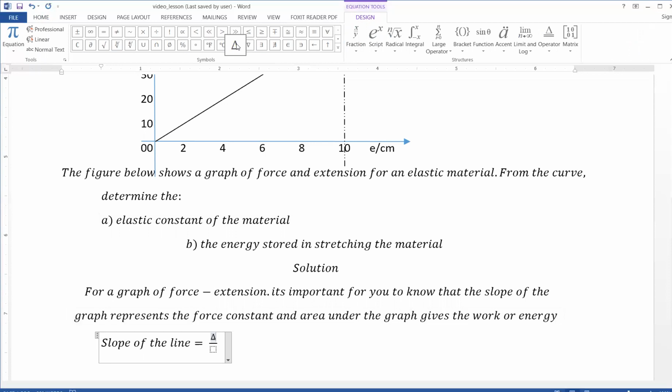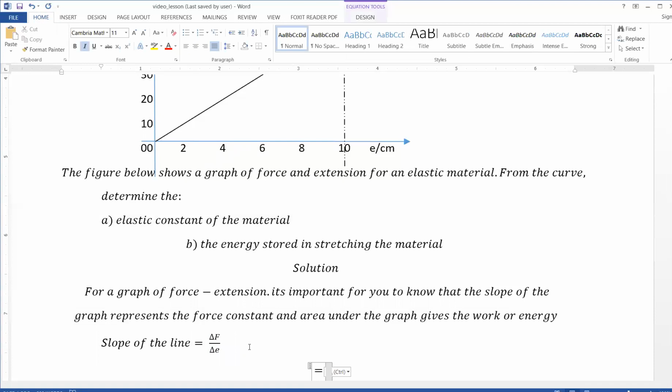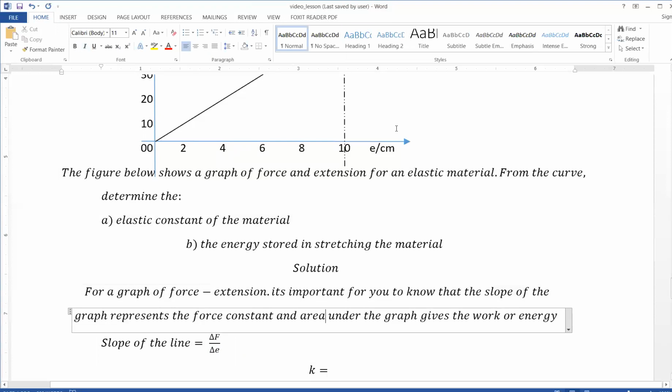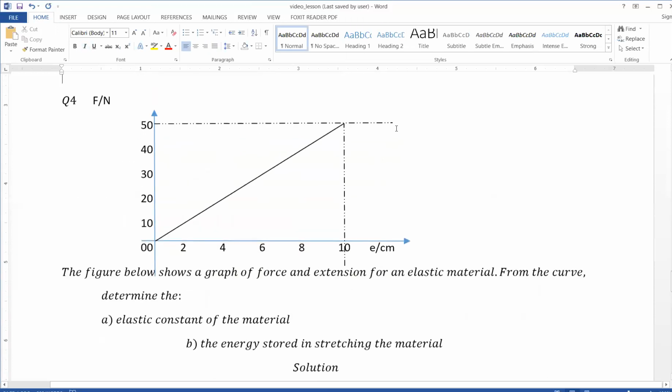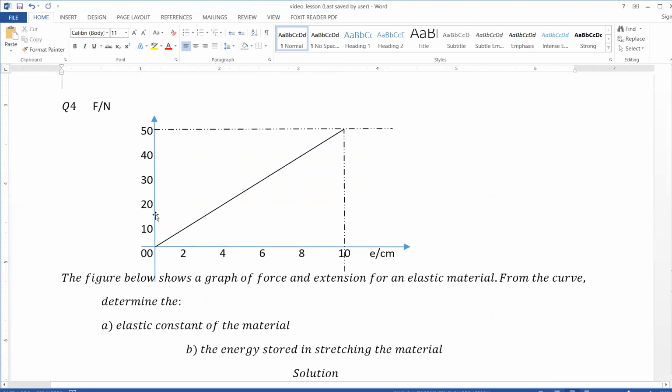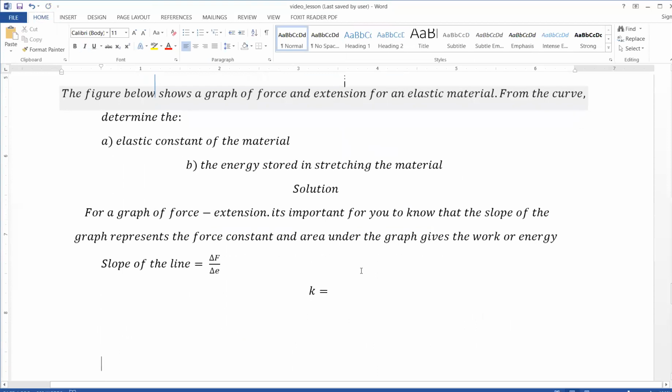So that's change in F over change in extension. My slope, which is the K: looking at the curve, you can pick any two points. I like to pick 50 and 0, then 10 and 0. Those are the coordinates of the points we are going to use.